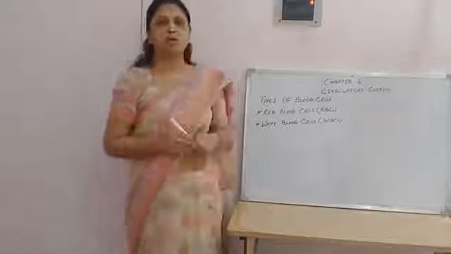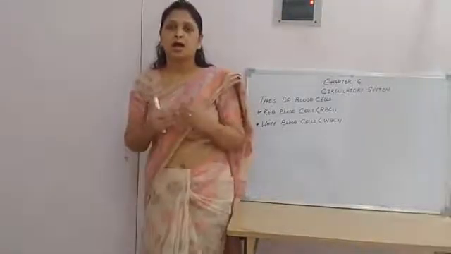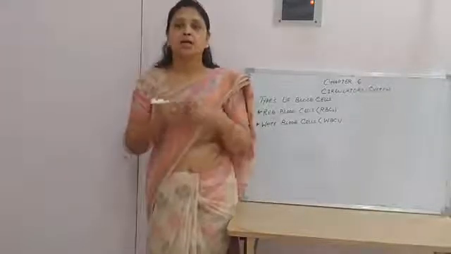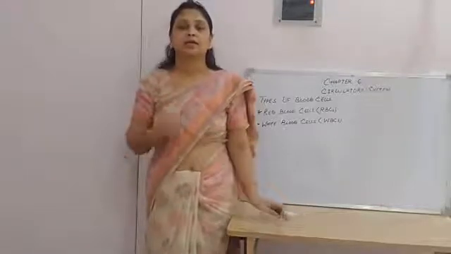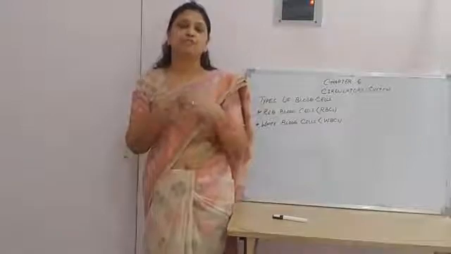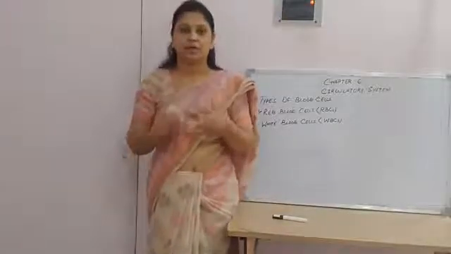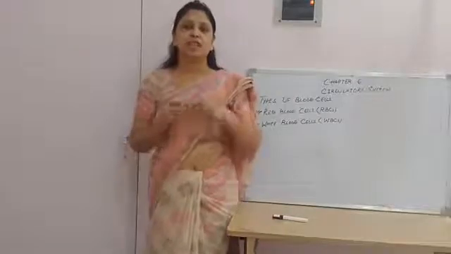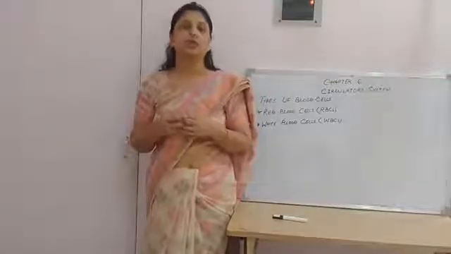WBCs, they are also known as leukocytes, are the cells of the immune system that are involved in protecting the body against both infectious diseases and foreign invader. Foreign invaders are bacteria, virus. All WBCs are produced and derived from multipotent cells in the bone marrow.